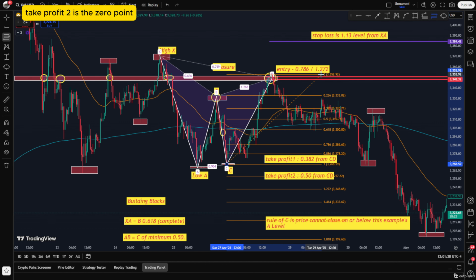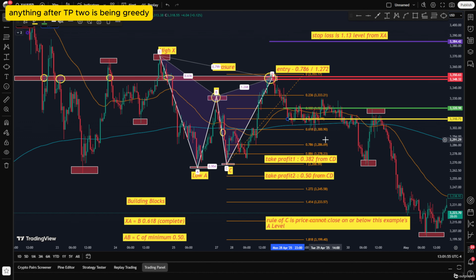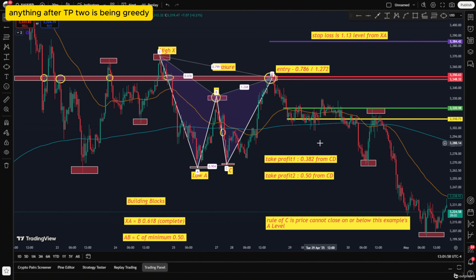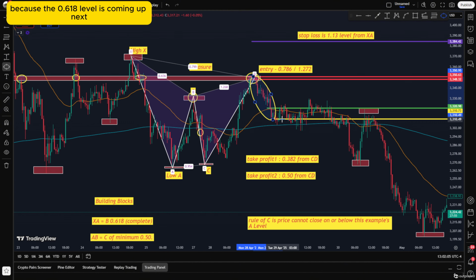Take profit 2 is the 0.50 Fibonacci level from C to D. Anything after TP2 is being greedy because the 0.618 level is coming up next.